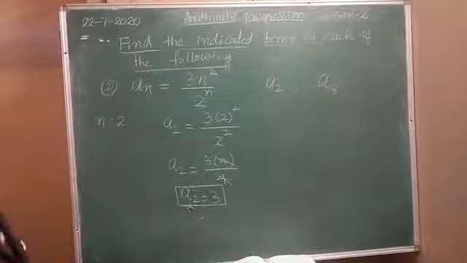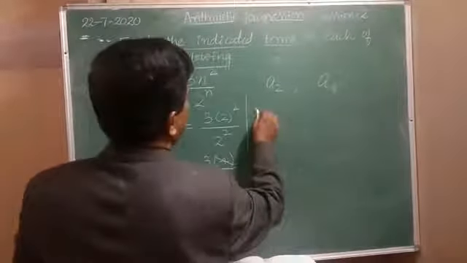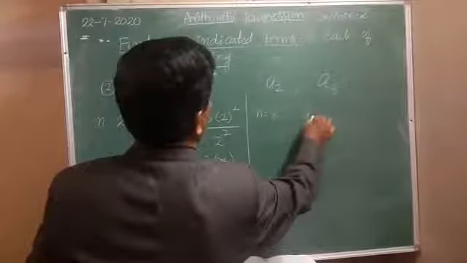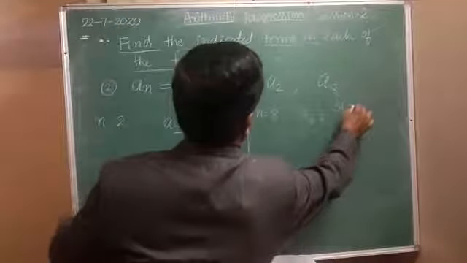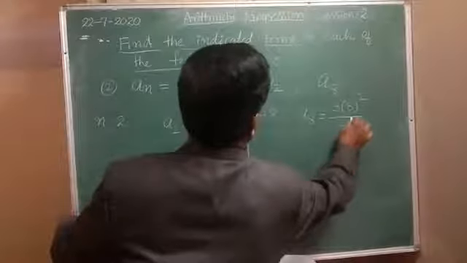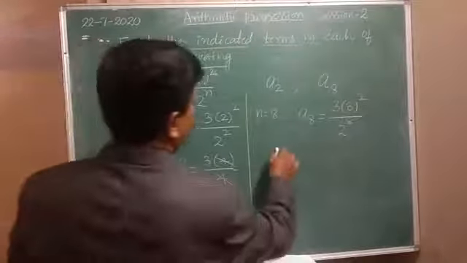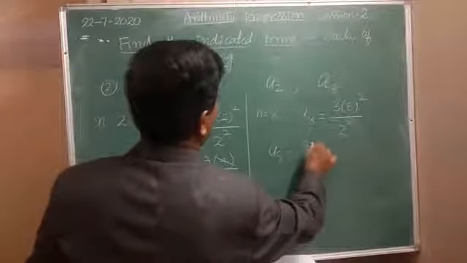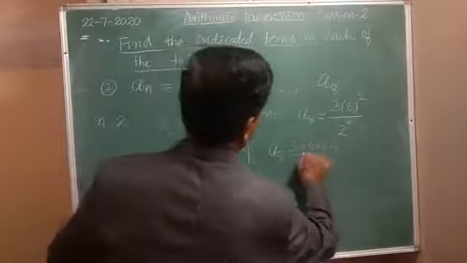A2 is 3. Now the second one, A8. So n is equal to 8. Then A8 is equal to 3 into 8 square by 2 to the power of 8. Clear? Now A8 equals 3 into 8 square, which is 64, 8 eights are 64.